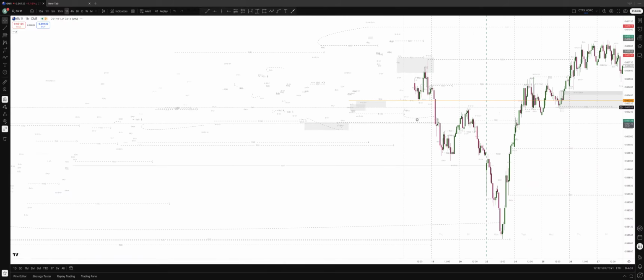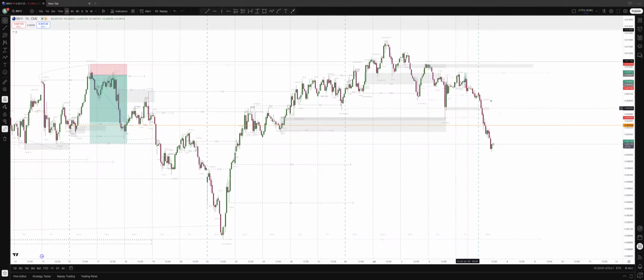So we have buyers in this week. The buyers are dominating this week now, taking out the sellers of the previous week. But the weekly also diverges.